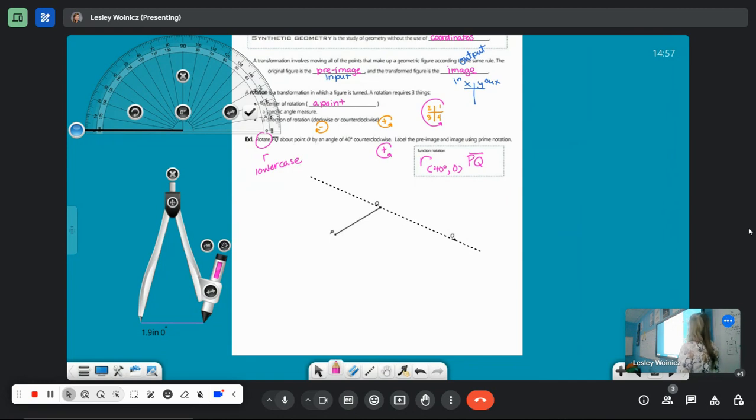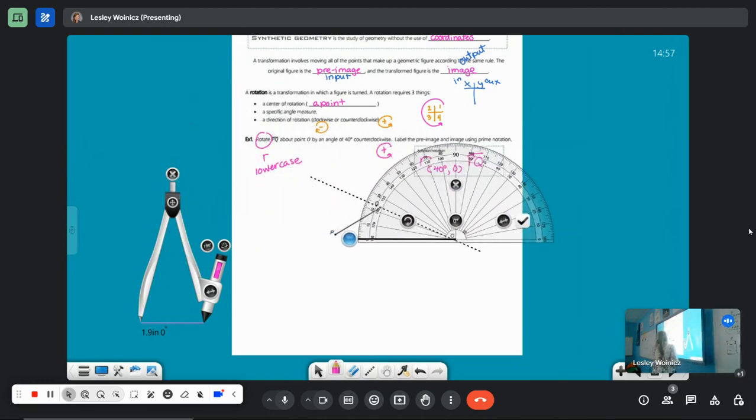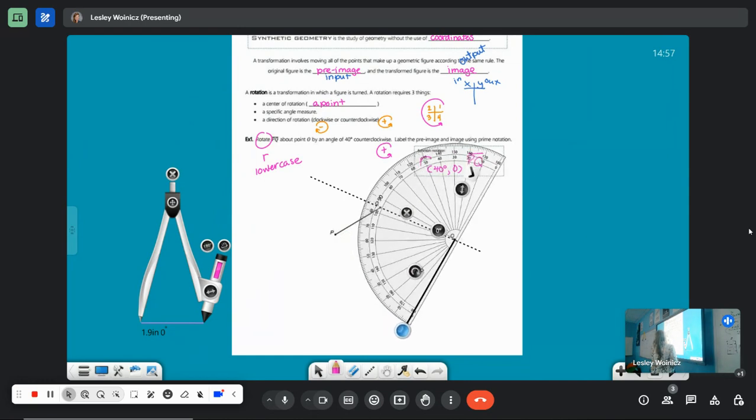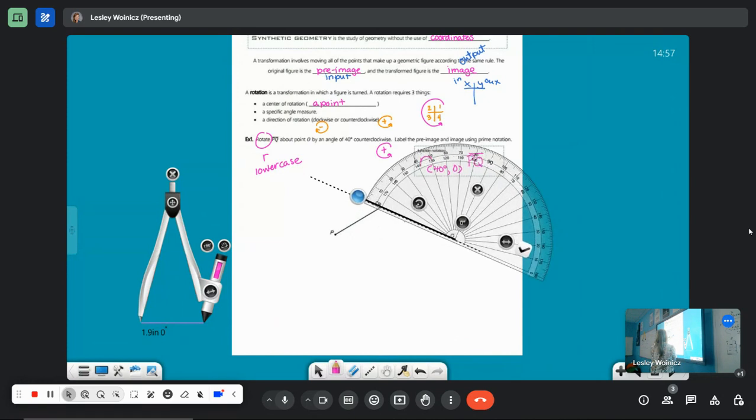Okay. Now, which point am I spinning around? O. So the center little bit of my protractor needs to go on O, not Q, or you're going to be in a world of hurt. And I'm going clockwise, so I don't want my protractor going this way so that I'm turning the wrong direction.